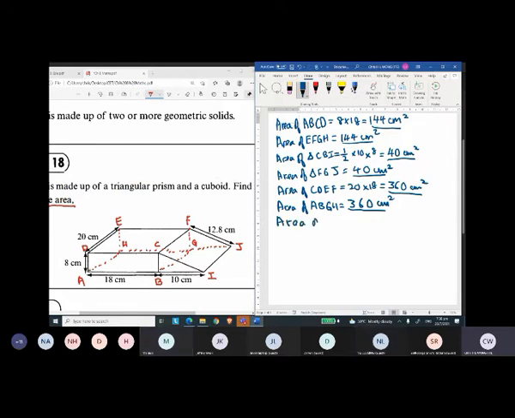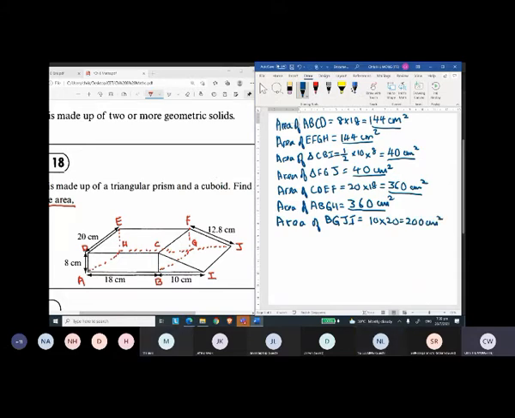Now I'm going to do area of BGJI. 10 times 20, because the other side is the length, so you have 200 cm square.